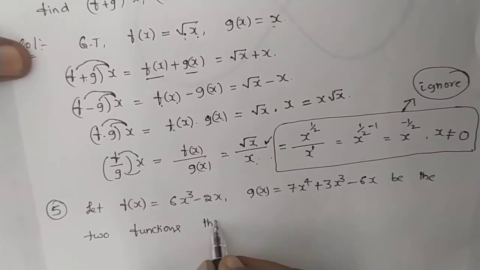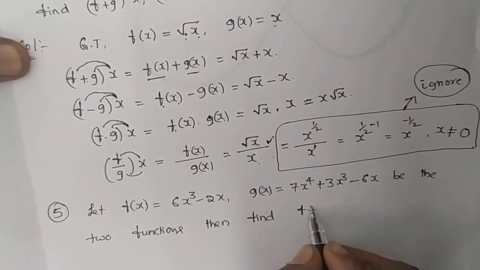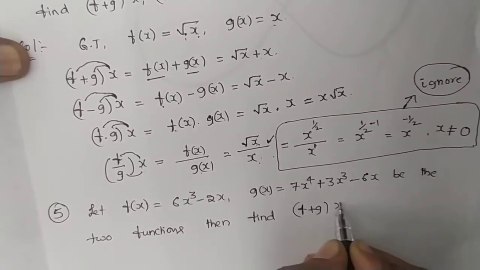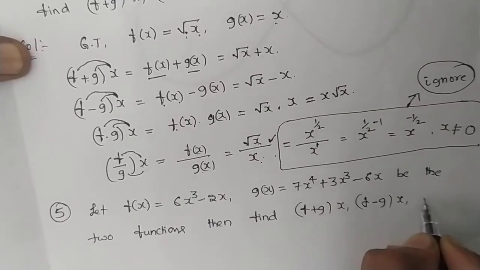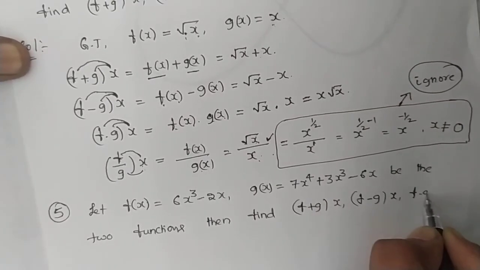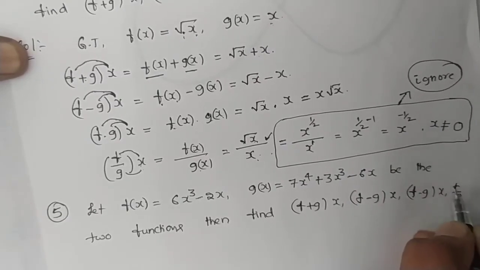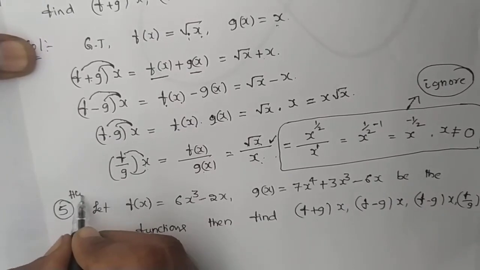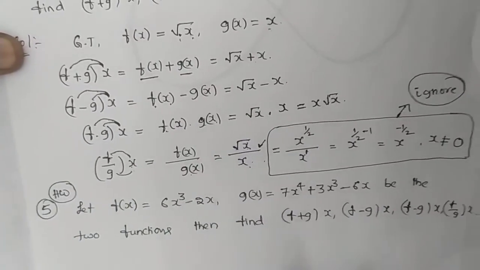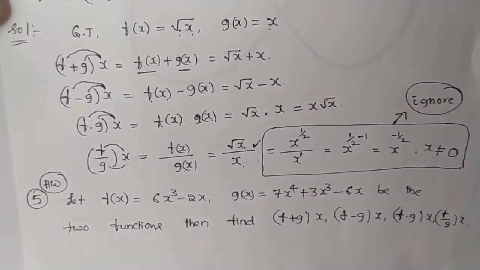Then find f plus g of x, f minus g of x, f into g of x, f by g of x. Hence it is problem number 5, which will be homework for you. Just do this question at your home.